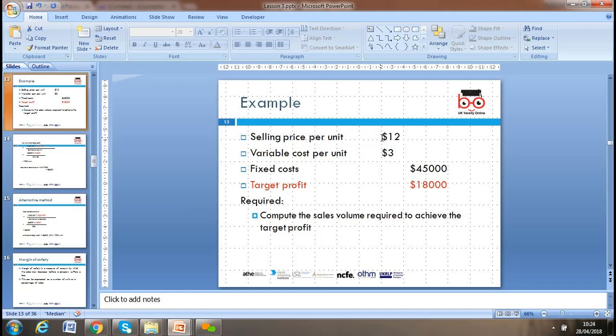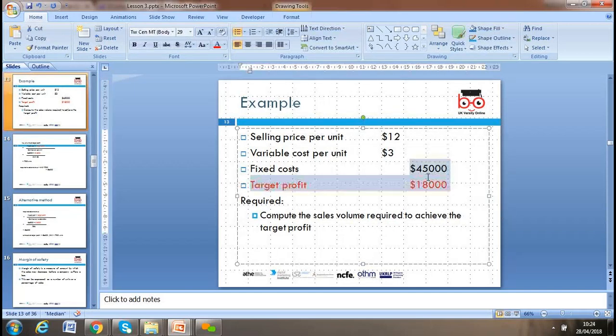So what will break-even be with target profit? How many units will we sell to achieve our target profit? So we need to add the target profit to 45,000, plus 18,000, divided by 9.